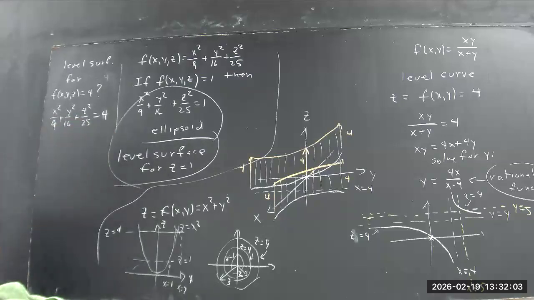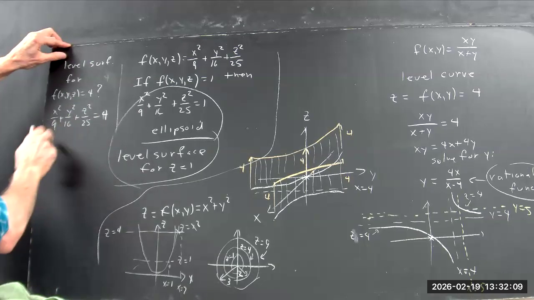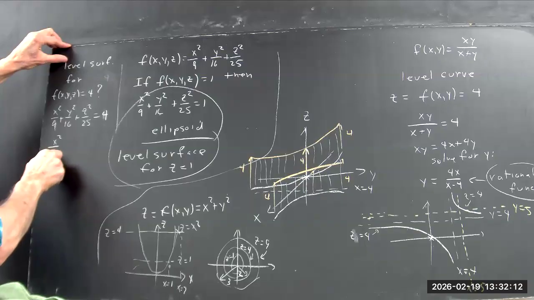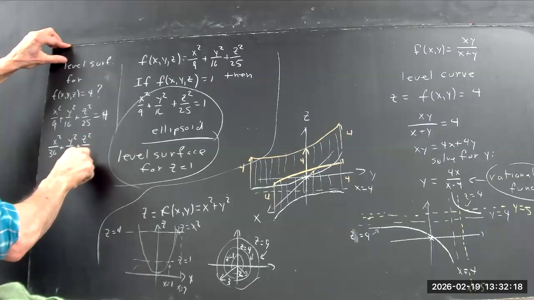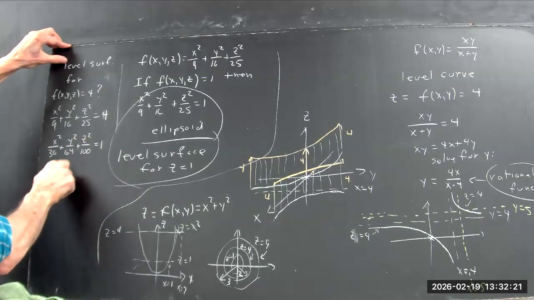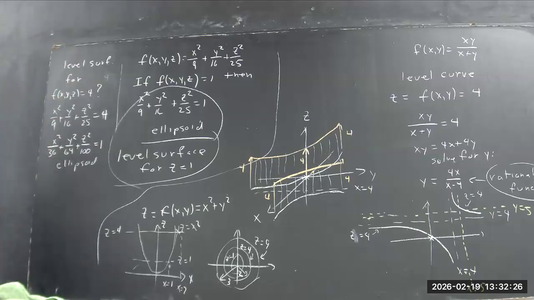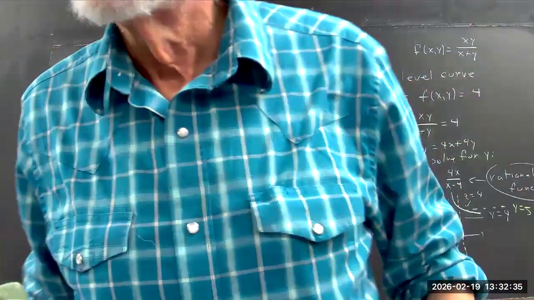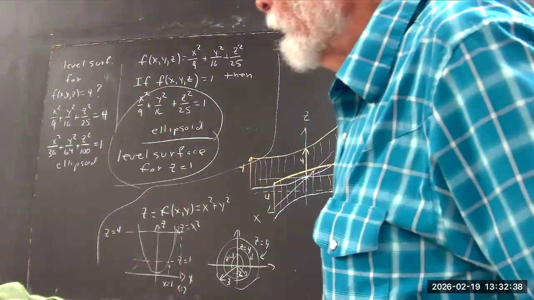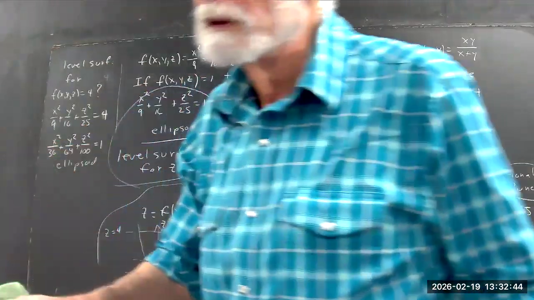So what does that surface look like? Well, you want a 1 over here. So you divide both sides by 4, and you get x squared over 36 plus y squared over 64 plus z squared over 100 equals 1. And if you remember how to do ellipsoids, which are probably the easiest quadric surfaces to understand, except for spheres, you see you've got x squared over 6 squared, y squared over 8 squared, z squared over 10 squared.